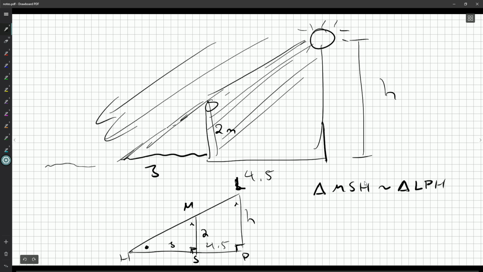What does that mean? We want H, so we want LP. LP is to MS as HP is to HS.